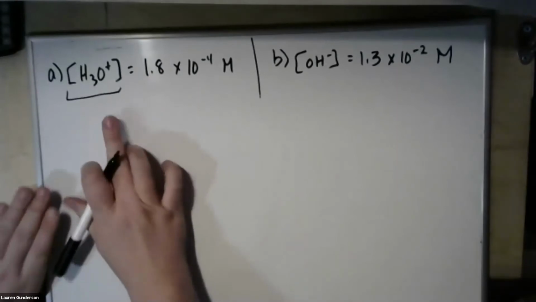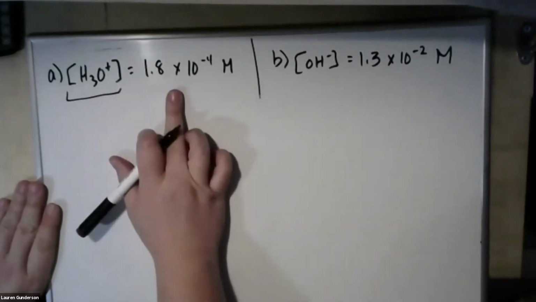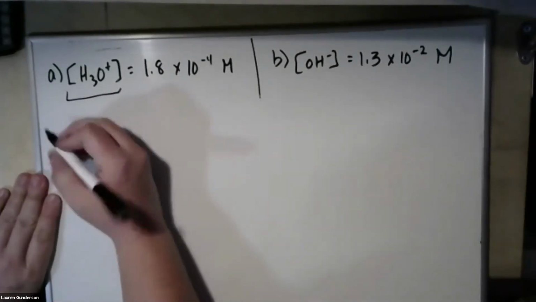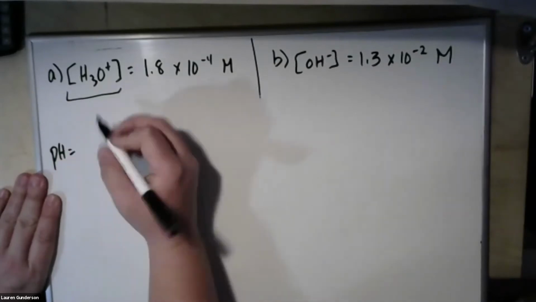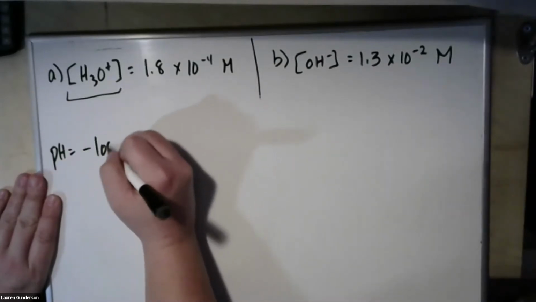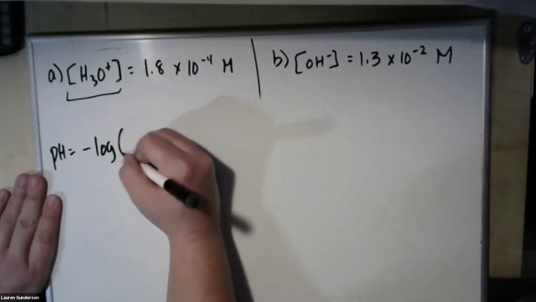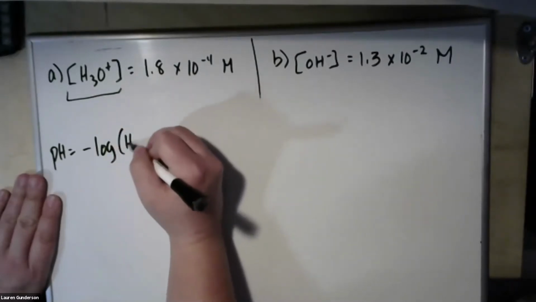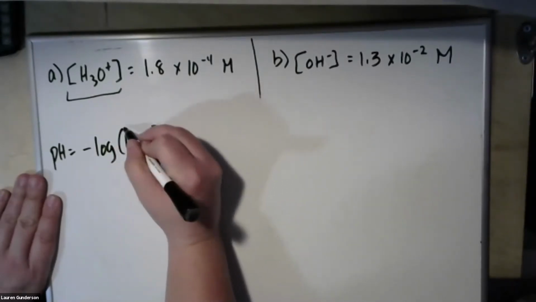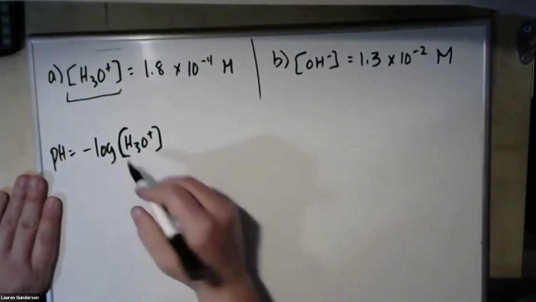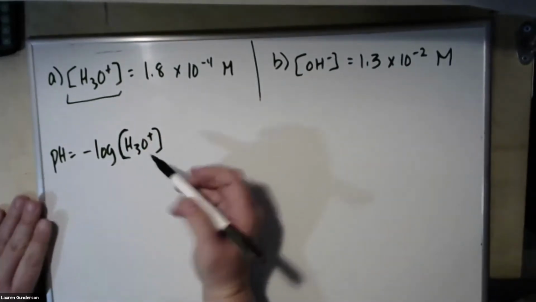All right, so let's look at these. So we're starting here with a hydrogen ion concentration of 1.8 times 10 to the negative 4 molar, and we want to find our pH. So that's just going to be the negative log of this H3O. Sorry, that should look more like a bracket of our H3O plus concentration.